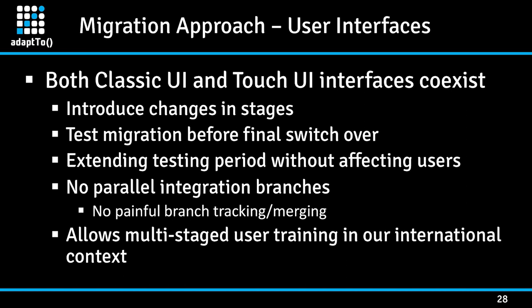You can use TouchUI if you make things properly. And what does it mean? It means that you can introduce your migrated TouchUI changes in stages or per your development iterations without affecting any of your production users that are still working with the old interface.